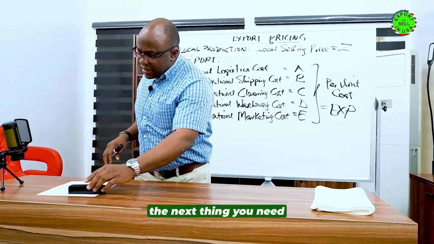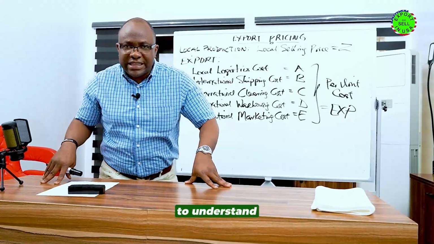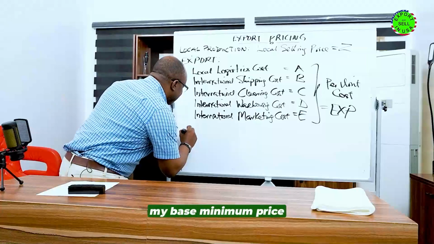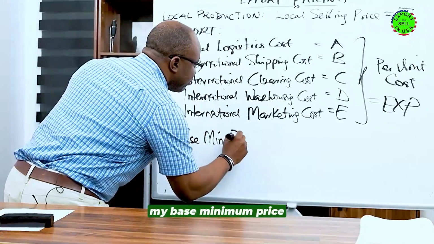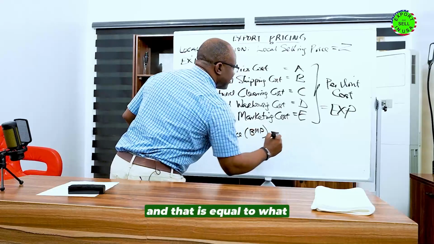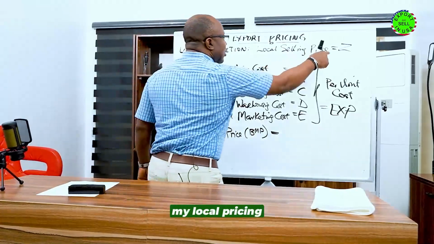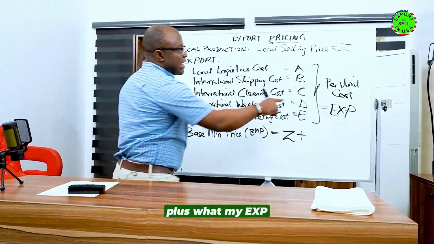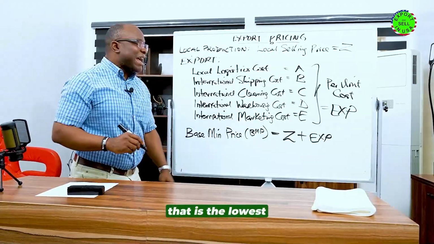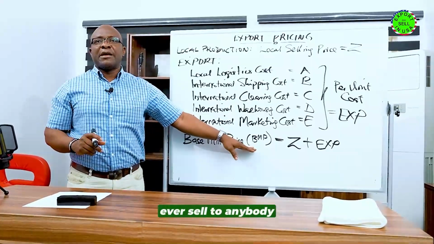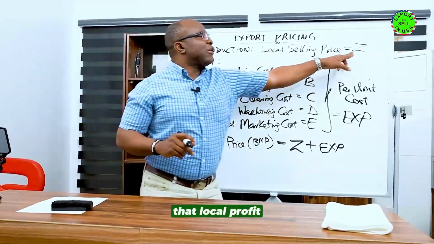The next thing you need to understand is what I call my base minimum price. My base minimum price, and I call that my BMP, is equal to what? My local pricing plus my EXP. That is the lowest price you will ever sell to anybody if you want to maintain that local profit.